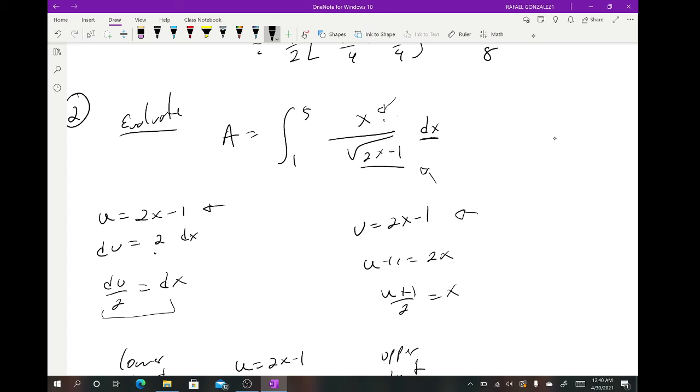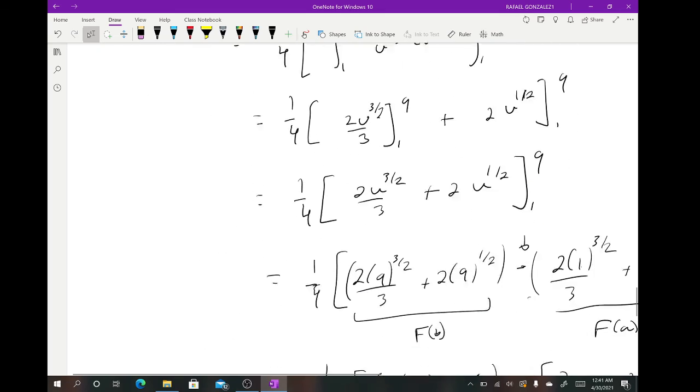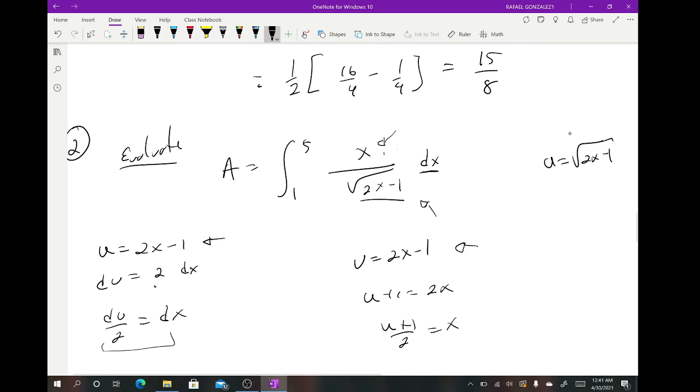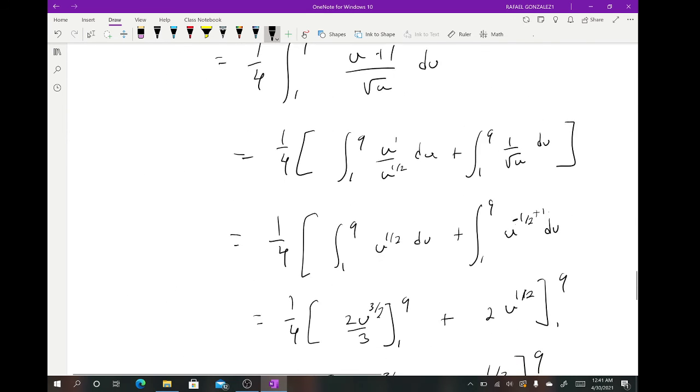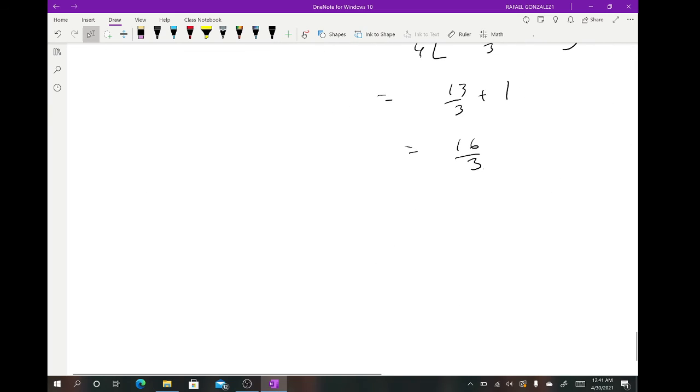Had I taken u to be equal to the square root of 2x minus 1 instead of just 2x minus 1, then this would have saved me about 4 or 5 steps, because I ended up doing way more work than I had to. But again, you still will get the same solution. It's not like you're going to get a different solution. But had I done this substitution instead, I would have saved myself some work. By far, I would have saved myself some work.